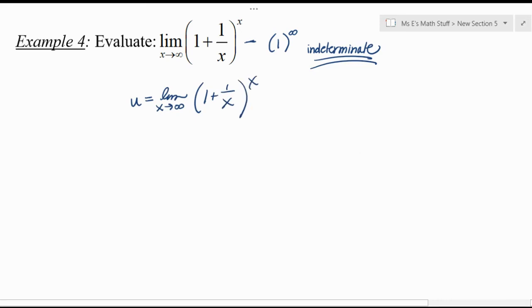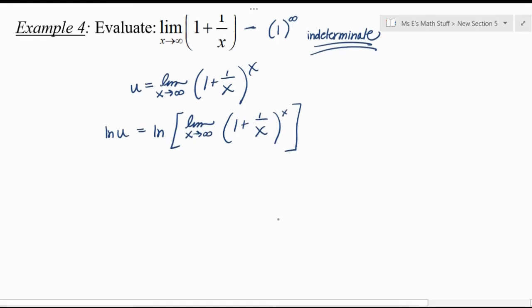And then the next thing I'm going to do, again, in efforts to get out of that f of x to the g of x situation that I see there inside my limit, is I'm going to take the natural log of both sides. There we go.